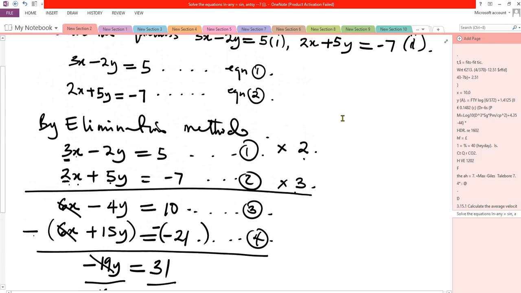This is the value for y at the point where they intersect.